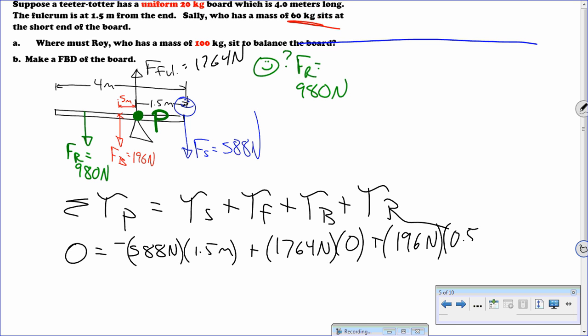All right, is that a positive or a negative torque? Let's see, right hand, radius, force, points out, positive. Or counterclockwise, positive. Okay, plus the force from Roy, that's, what does that say, 980? Times X. Good?